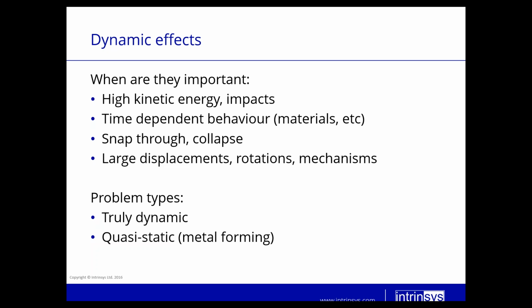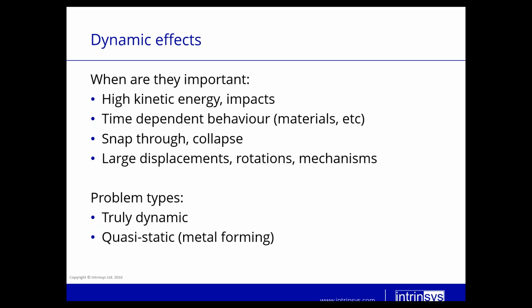In terms of what problem types we are going to look at, we have fundamentally two. We can have a truly dynamic analysis, in which case high kinetic energy and large displacement are very important. Or we can have a quasi-static type analysis, in which we use the dynamic procedure to make sure that we are solving the problem.